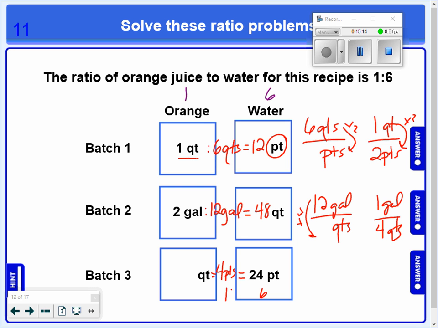And now we need to convert 4 pints into quarts. 1 quart is 2 pints. So we would divide by 2, and so that would be 2 quarts. Okay? That one seemed a little bit more difficult than what we really needed to do.